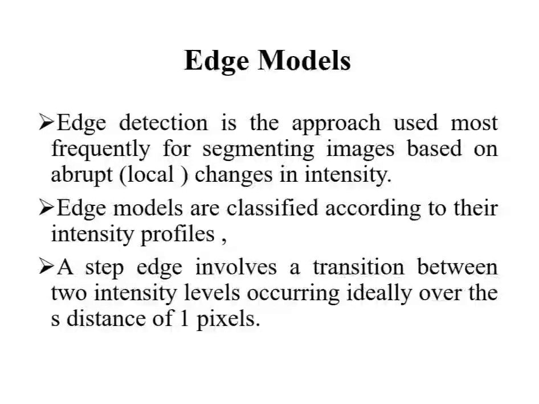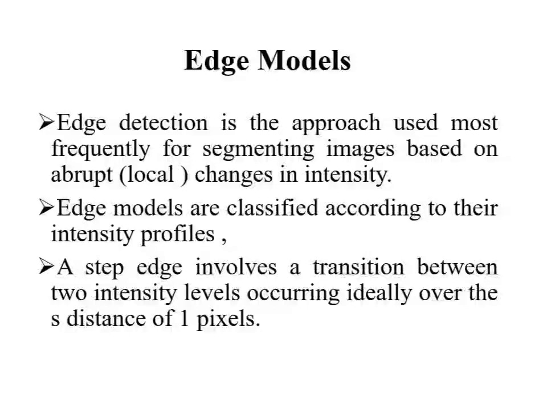These clean ideal edges can occur over the distance of 1 pixel, provided that no additional processing such as smoothing is used to make them look real. Digital step edges are used frequently as edge models in algorithm development.